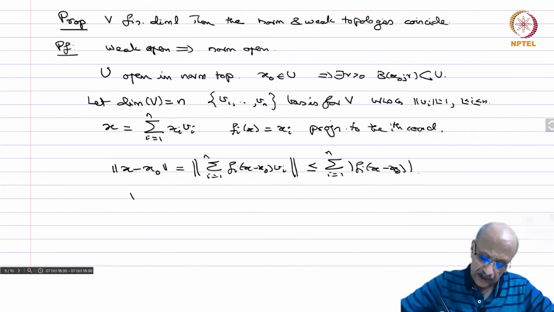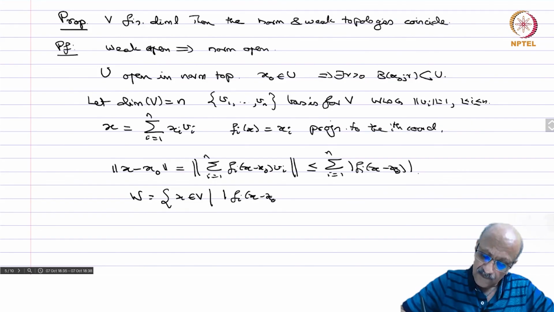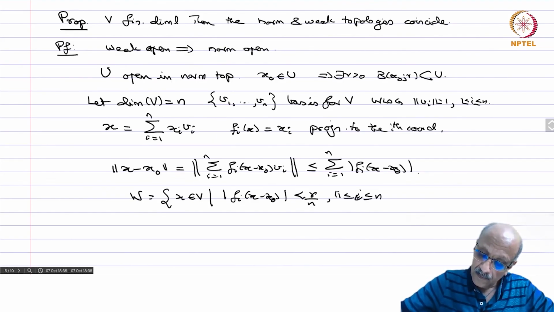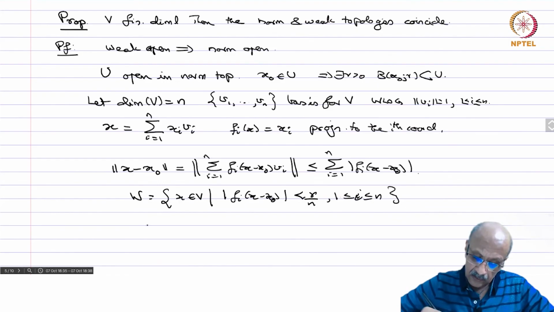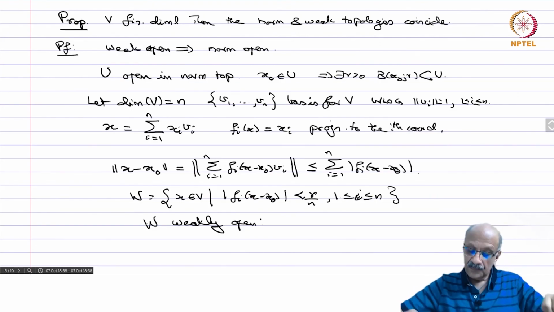So now you take W equal to the set of all x in B such that mod fi of (x minus x naught) is less than R by n, for 1 less than or equal to i less than or equal to n. So then W is weakly open. This is a typical neighborhood of x naught.